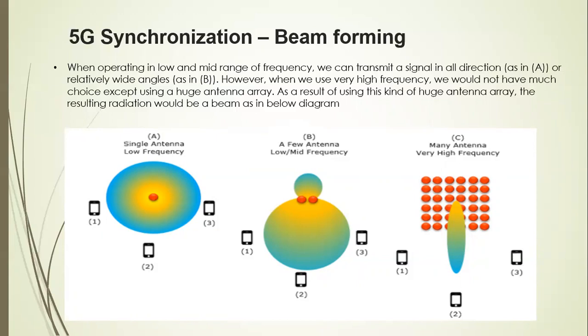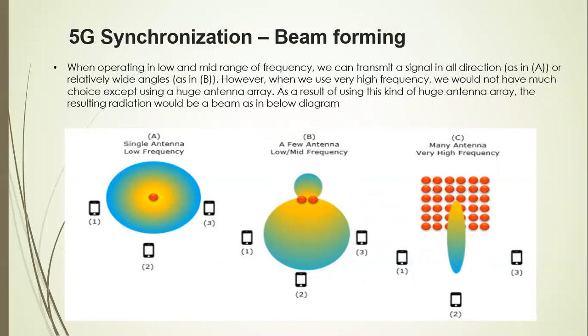Whatever you are seeing in oval shape, you can imagine it is a beam between the gNB and the UE. So this beam is basically a small coverage area covering a few devices in a few degrees of angle. In order to cover the 360-degree angle, you need these kinds of beams in all possible angles so that you will have full coverage in that particular cell.